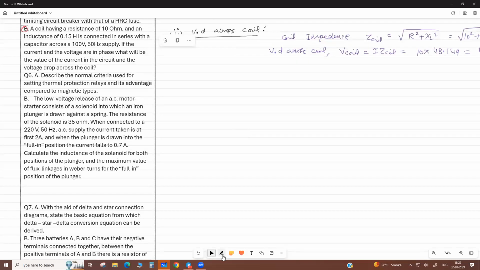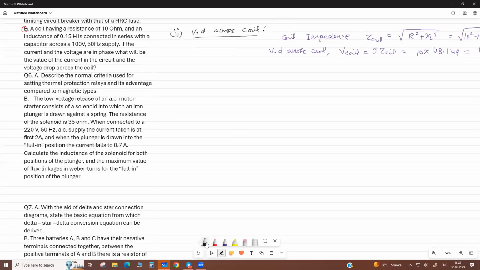Seventh one. Describe the normal criteria used for setting a thermal protection relay. Thermal protection means it is a bimetallic relay. We set it for overcurrent, and its advantage as compared to a magnetic type relay.